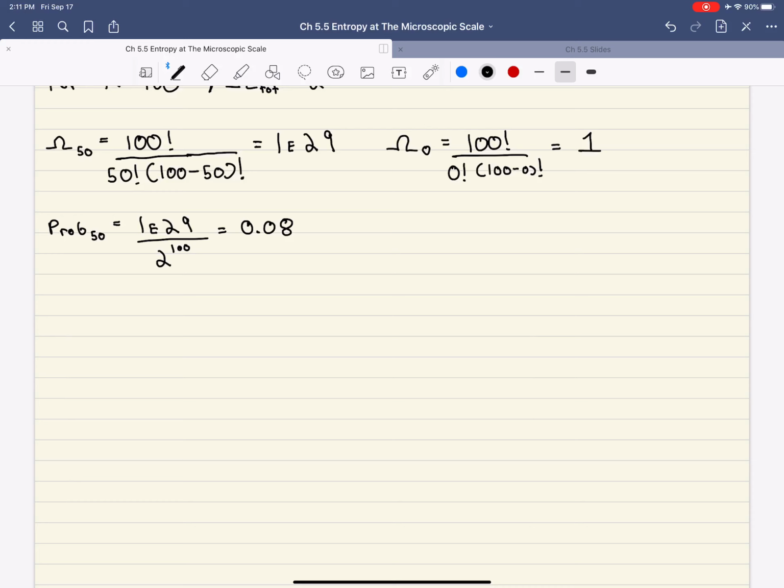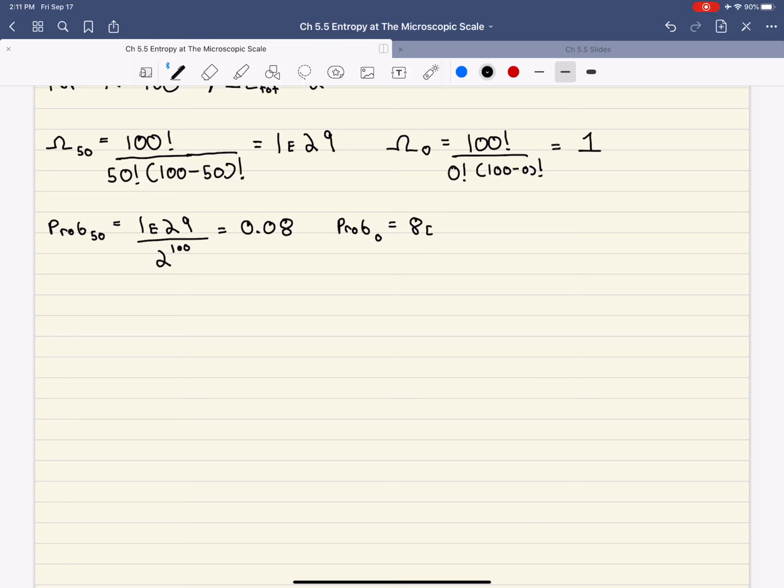But that's much smaller than the 50% we saw when we only had 2 coins, right? But if we compare this to the probabilities of other results, what's the probability that we would get all the coins face down, tails up? That would be 1 divided by 2 to the 100.